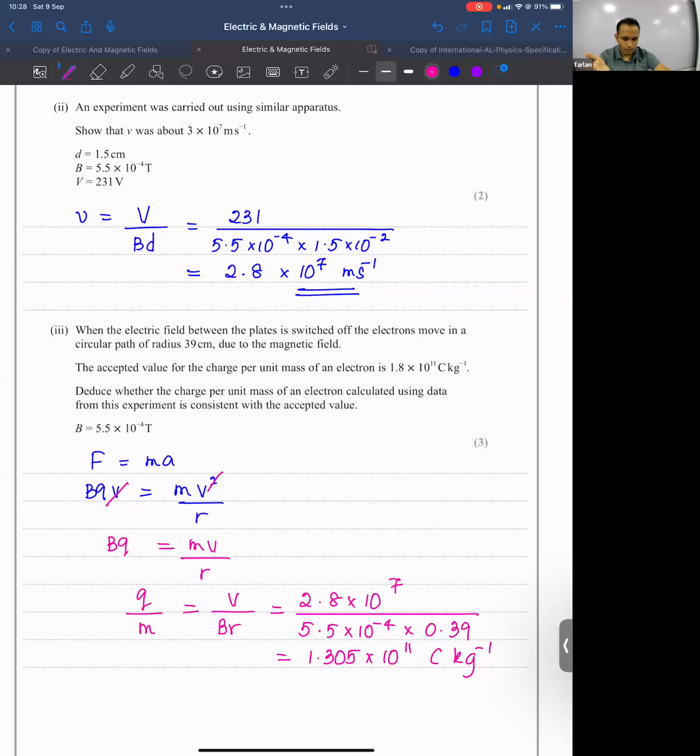It's about 25% less actually. So you can write a conclusion saying, no, it is not consistent with the accepted value.